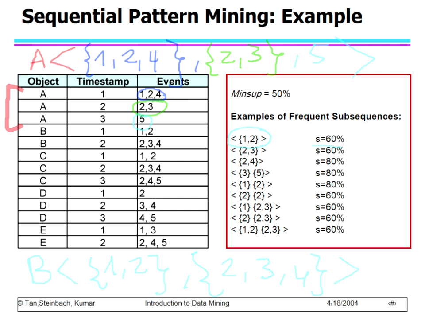So can you explain to me why the support of 1, 2 is equal to 60%?